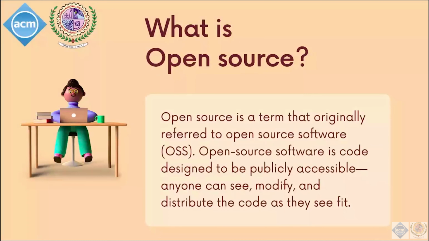Open source emerged in the late 1950s and 1960s, when the internet had just begun. The main goal was to improve the efficiency of all the software that was going on at that time.